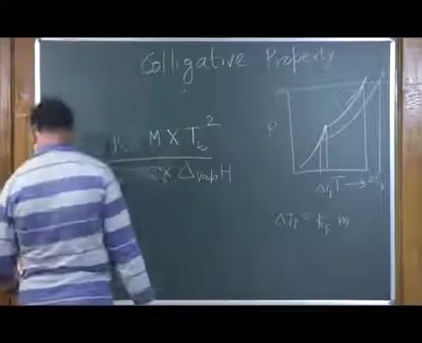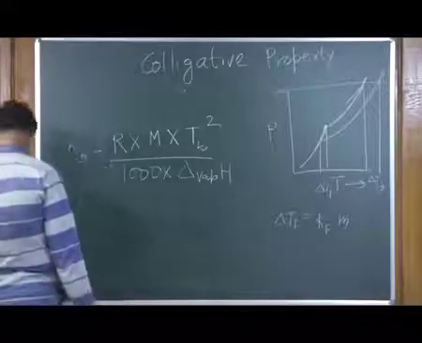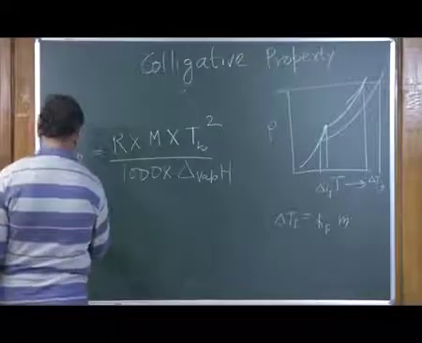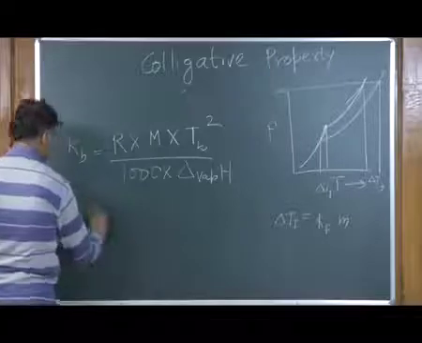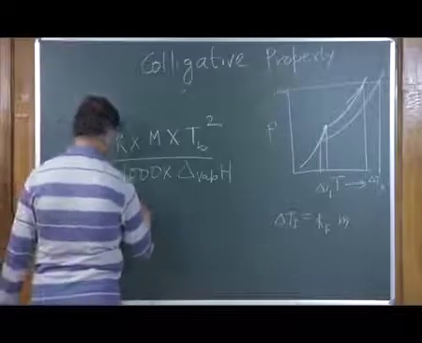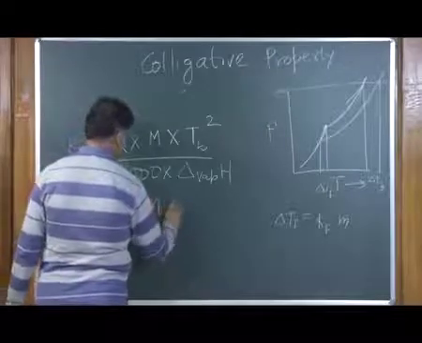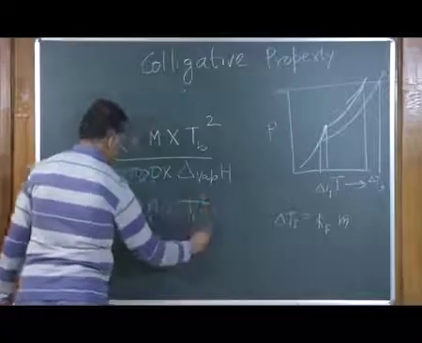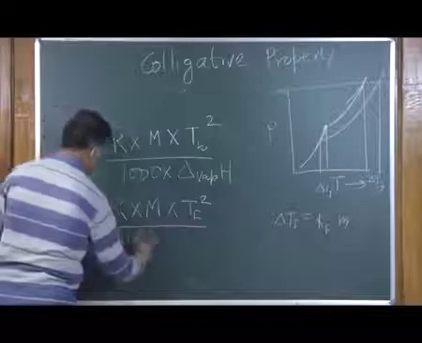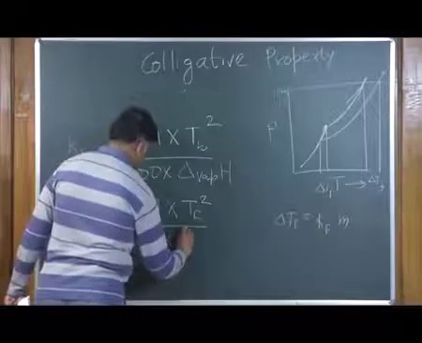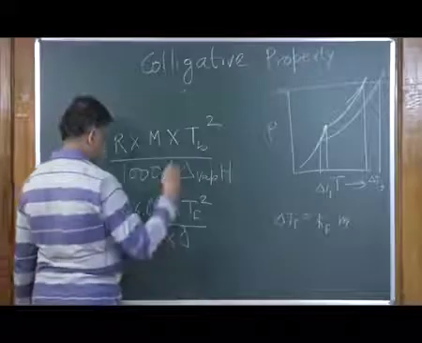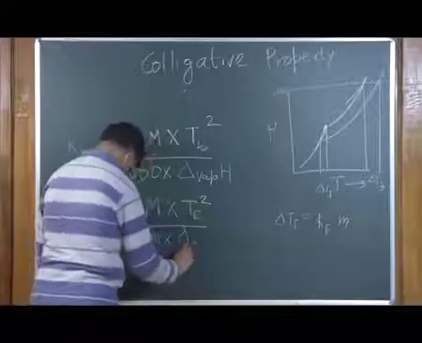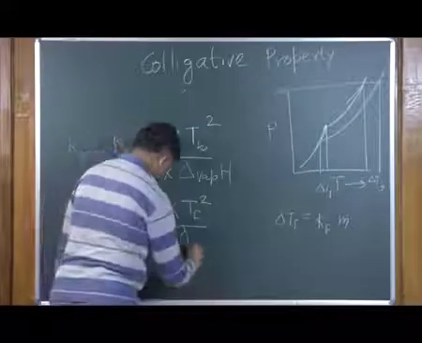And in the same way I can write Kf as R into the molar mass of the solvent multiplied by the freezing point squared, divided by 1000 into the enthalpy of fusion.